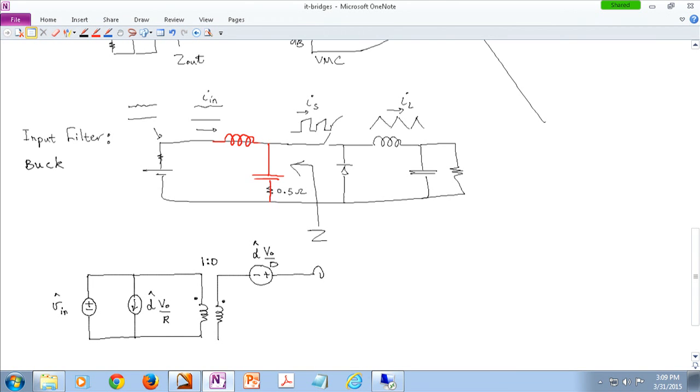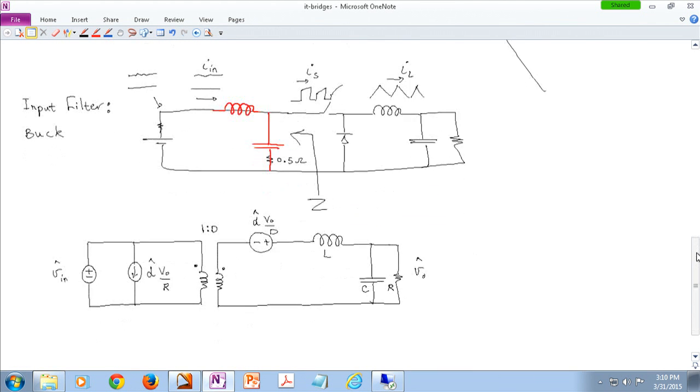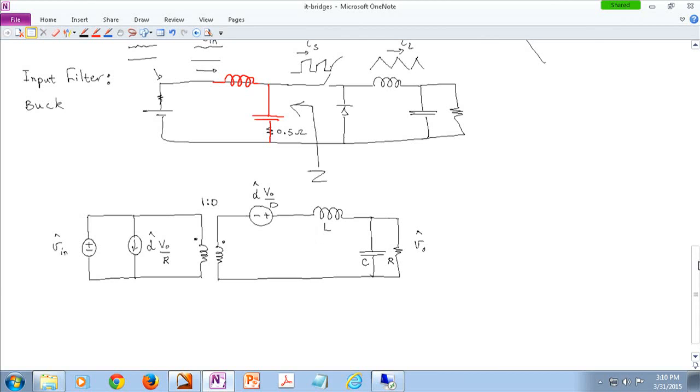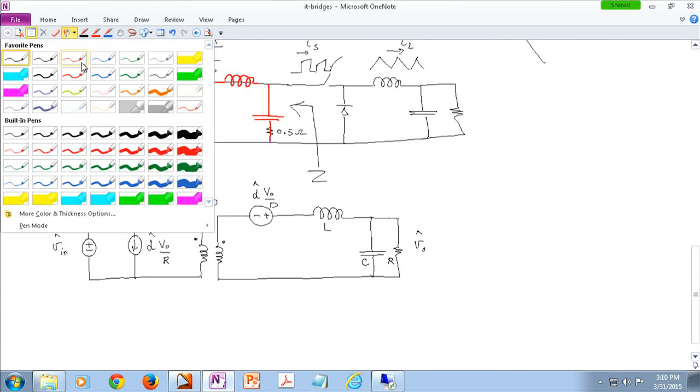Okay, something like this. And later on, the math is going to get a lot more complicated, so I'm just going to label these impedances in this way.